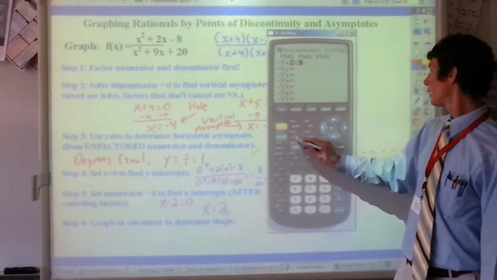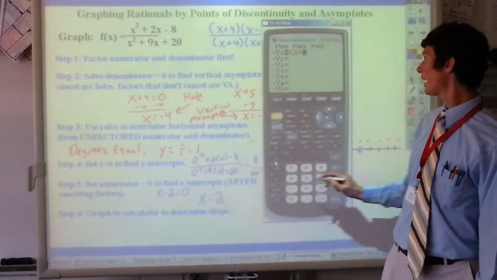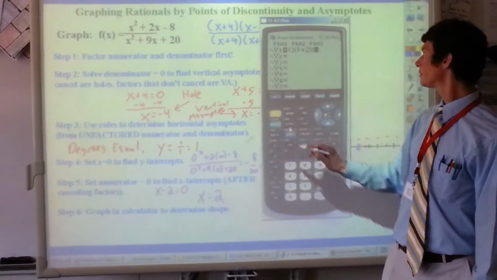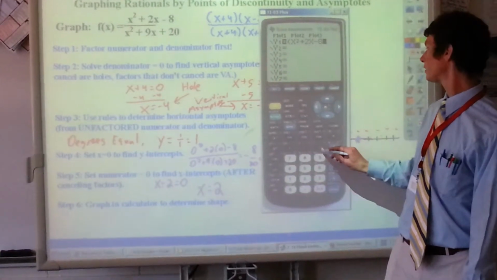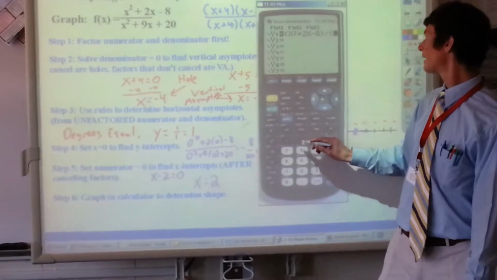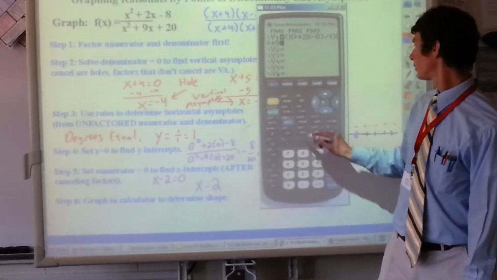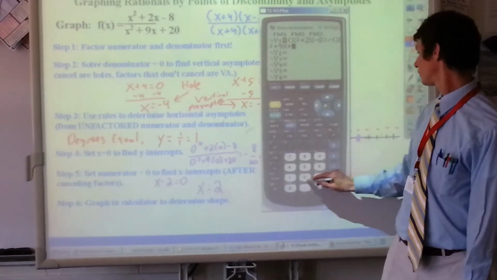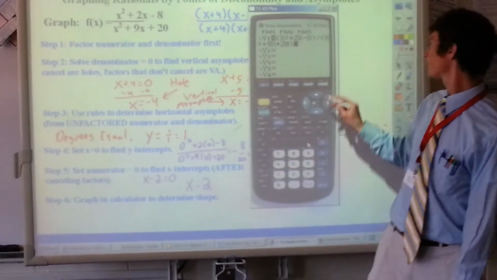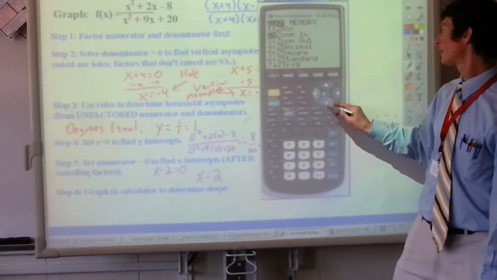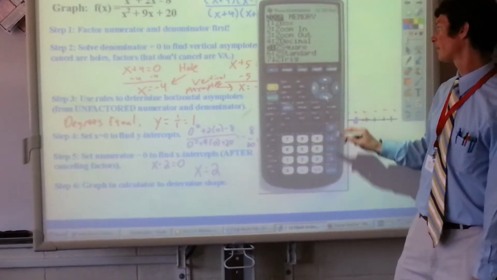So, parentheses, x squared plus 2x minus 8, close parentheses, divided by, parentheses, x squared plus 9x plus 20, zoom standard, like we always start our graphs.